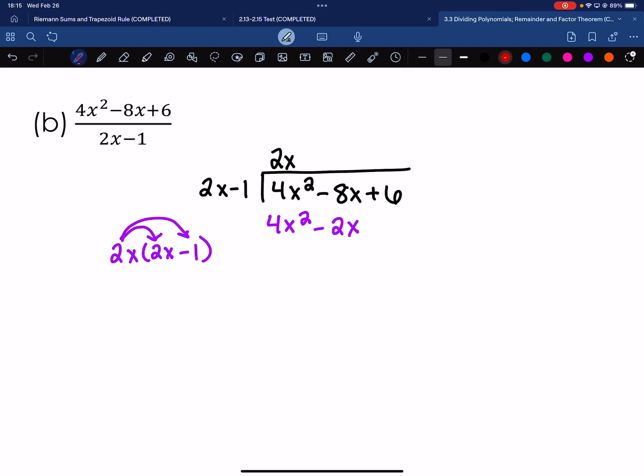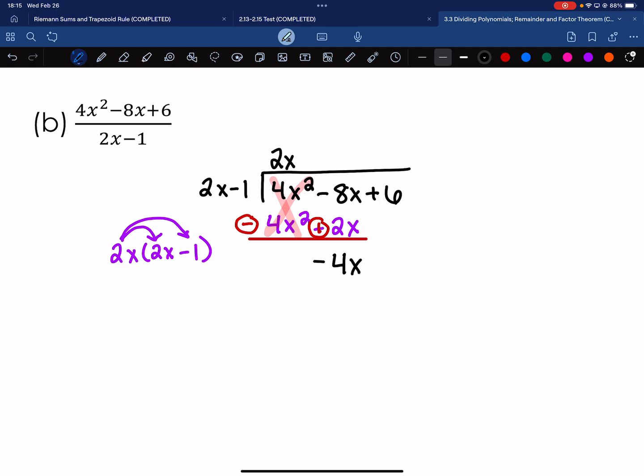From here, draw your line. Change all your signs to the opposite. So now this sign changed to a positive. So 4x squared minus 4x squared cancels. Negative 8x plus 2x is a negative 4x.